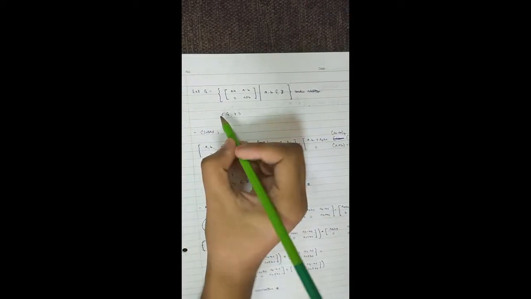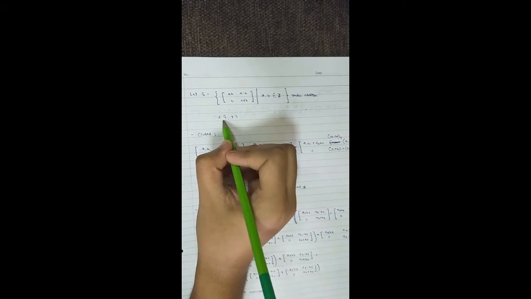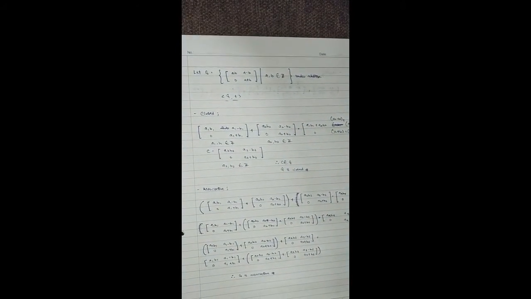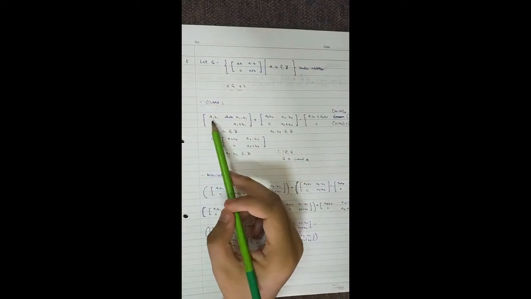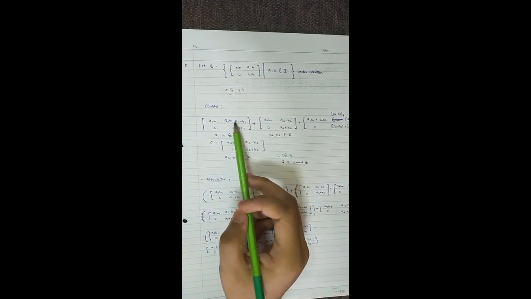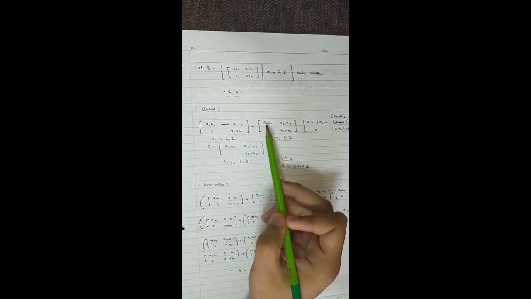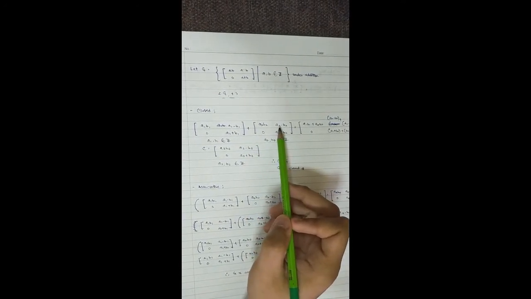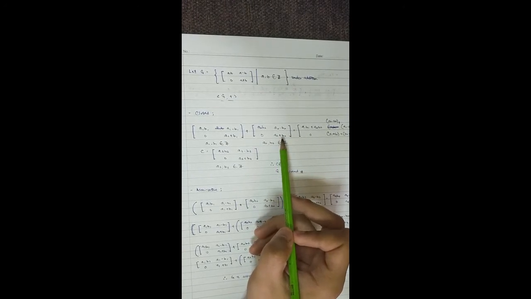G is under addition. So firstly we're going to do closure. We take (a1, b1, a1 minus b1, 0, a1 plus b1) plus (a2, b2, a2 minus b2, 0, a2 plus b2).